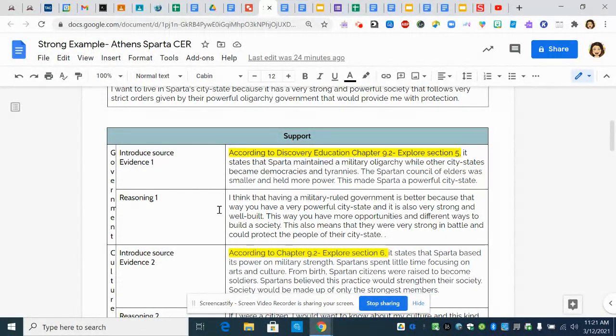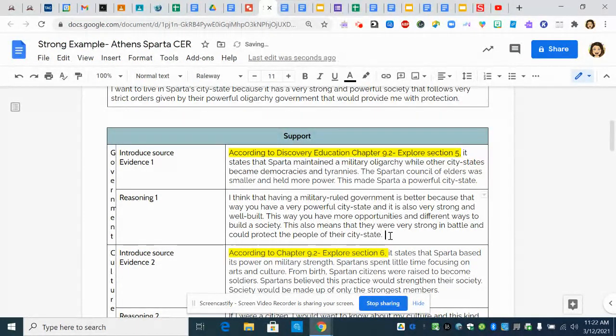Now here's an example of reasoning. I think that having a military ruled government is better because that way you have a very powerful city state and it is also very strong and well built. This way you have more opportunities and different ways to build a society. This also means that they were very strong in battle and could protect the people of their city state.